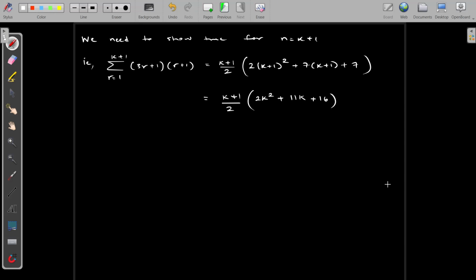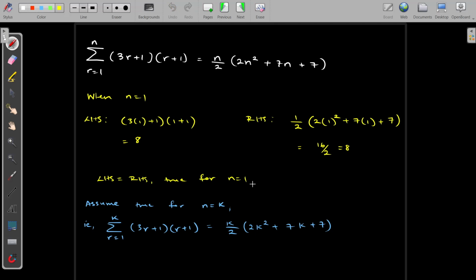So now when we're working this out, we intend on getting this side. So using left hand side, we know what we get up to the k term. So up to the k term, it's this thing here.